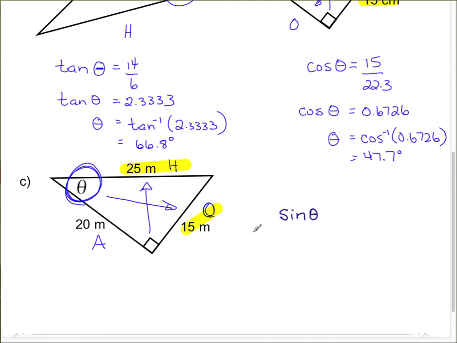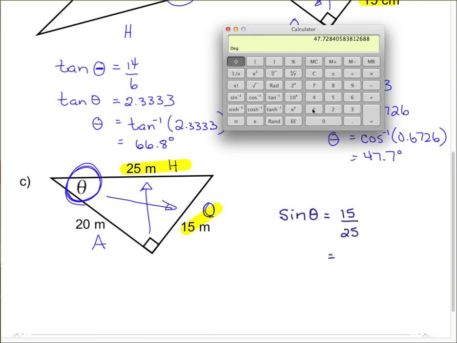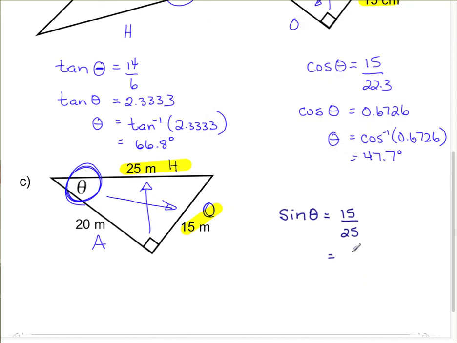It has no meaning without it. So sine of theta equals opposite over hypotenuse. Our opposite is 15 and our hypotenuse is 25. Now, what is 15 divided by 25? 15 divided by 25 is 0.6. That's what sine theta is.